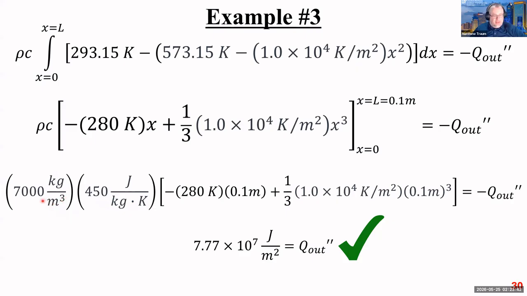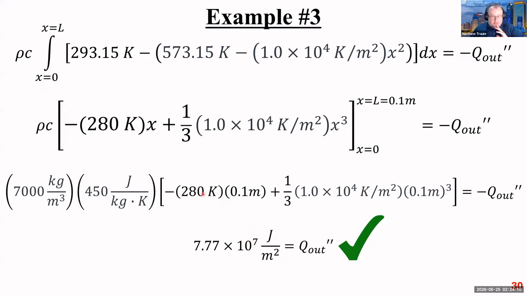If I take those units and then I multiply them by the units that are inside the temperature gradient profile, Kelvin cancels Kelvin, and I've got a meter here, which cancels with one of the meters in my denominator here, and I end up with the units that I want, right? Which is joules per square meter. Energy per area, right? So the units work out, which is great.